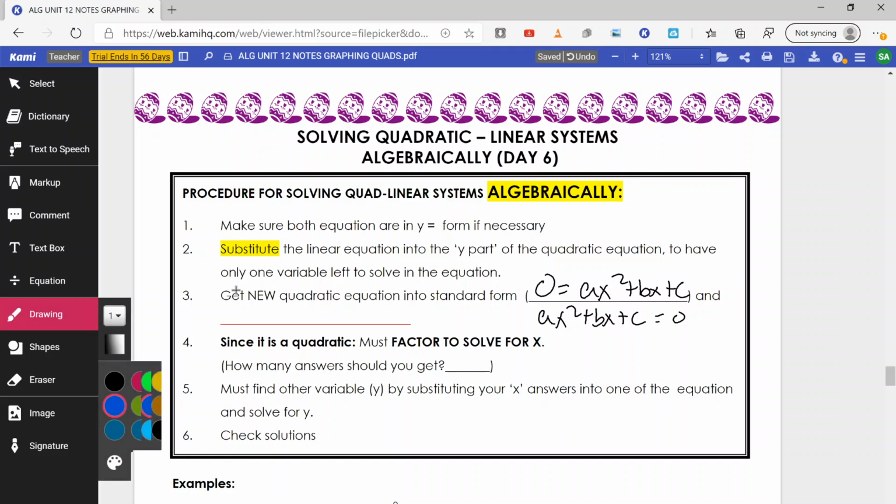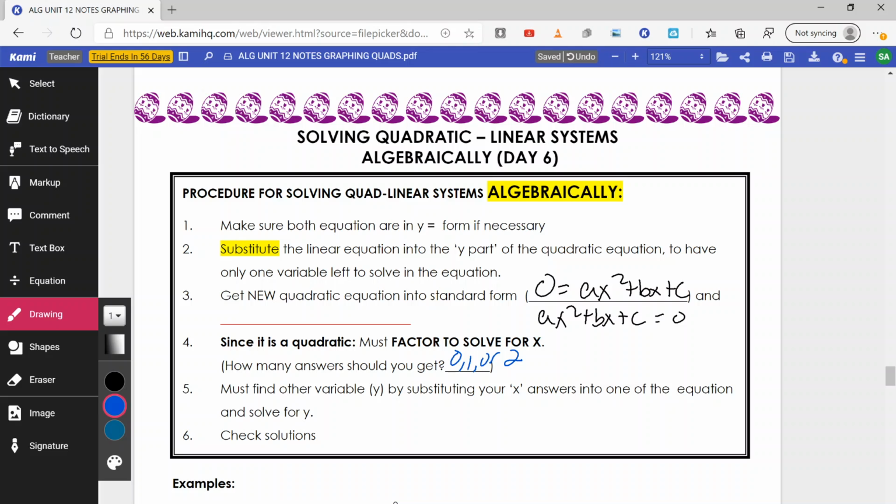And what we want to do is use some sort of factoring in order to figure out what x is. So how many answers should we get? We should get 0, 1, or 2 possible answers. Most likely we're going to end up with 2.